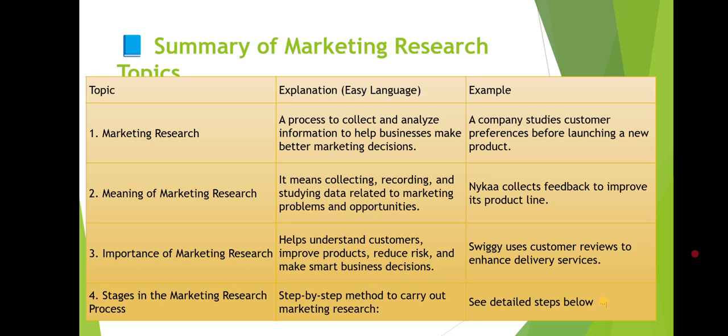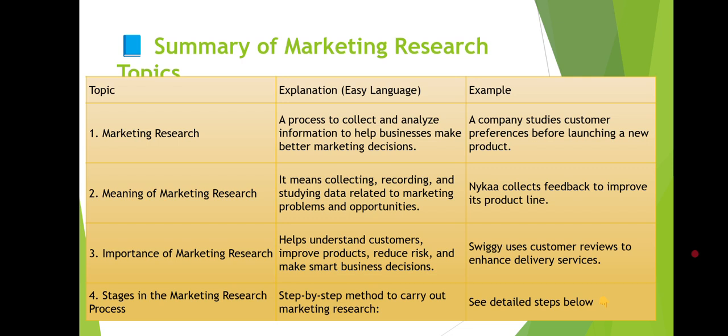For example, a company studies customer preferences before launching a new product. And second topic we have meaning of marketing research. So basically it means collecting, recording and studying data related to marketing problems and opportunities that are available in the market. For example, Nike collects feedback to improve its product line.